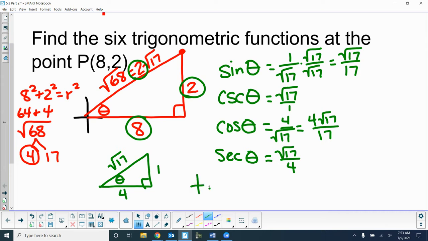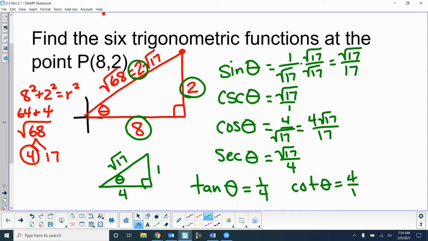And then tangent would be opposite 1 over adjacent 4. You would have had 2 over 8, right? You would have had to reduce it to 1/4 anyway. So I just did it beforehand. That's why I did that. And cotangent would be 4 over 1, which is just 4.